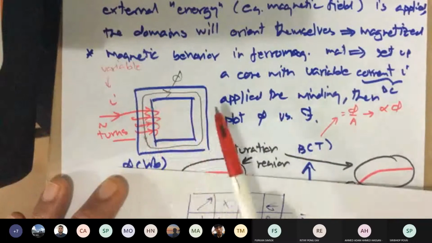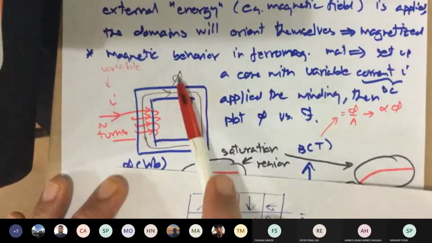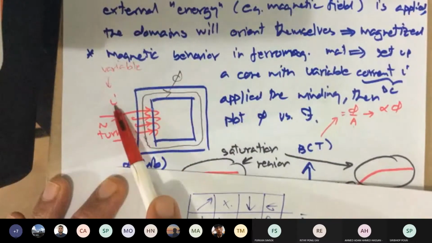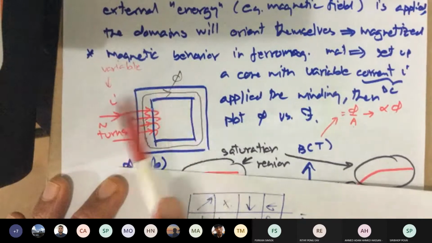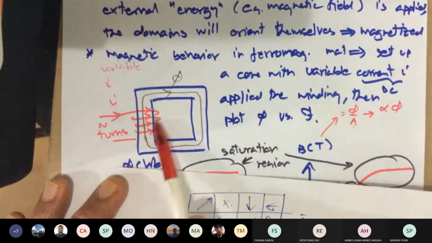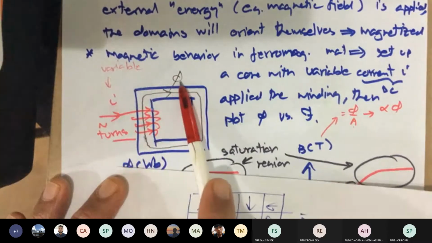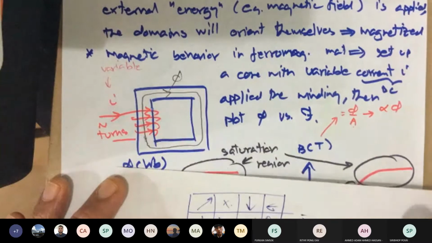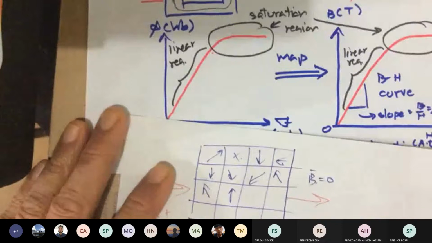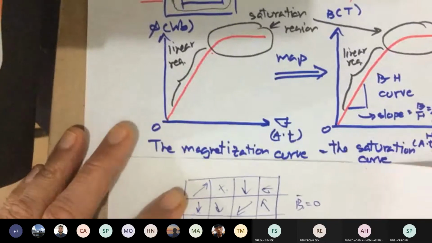How do we know what happens? We plot phi against I as a function of the current. We know that if we apply stronger current, phi will be stronger. Let's see how that works. This is what the resulting plot is going to be.